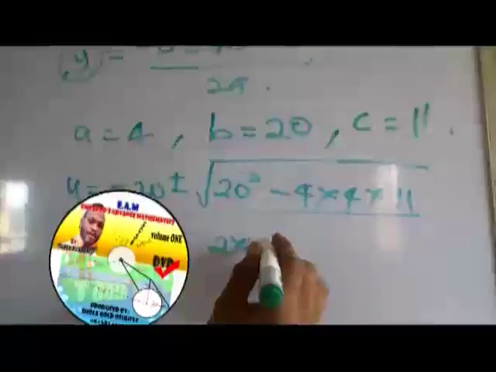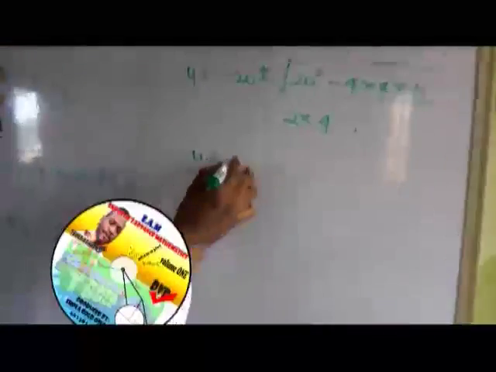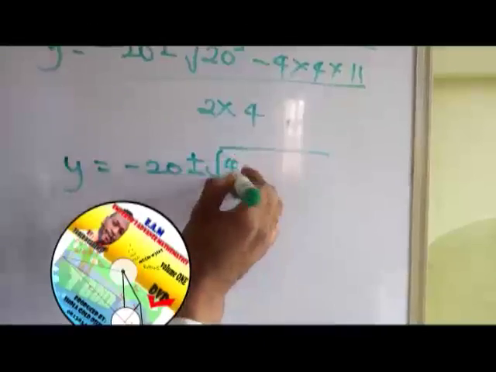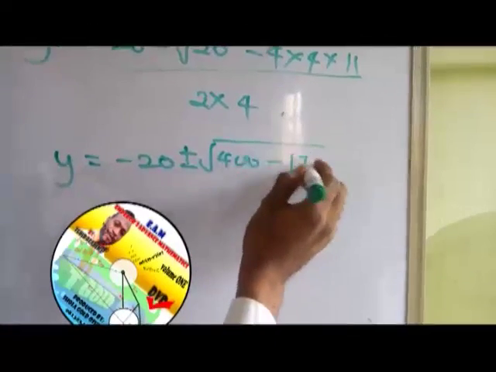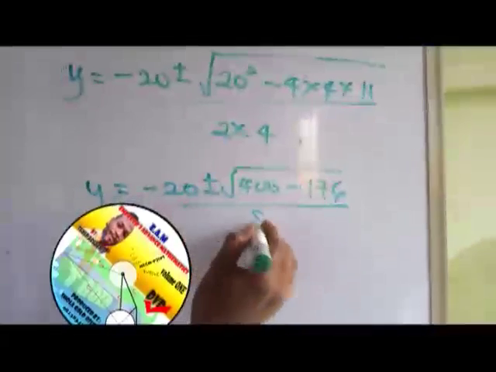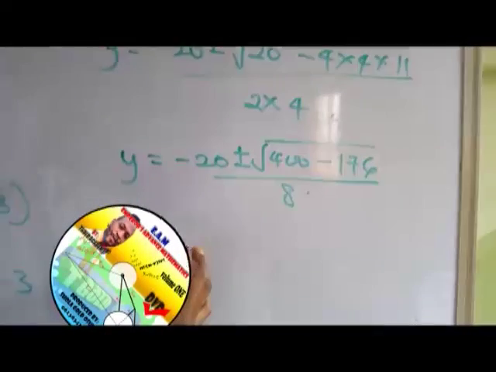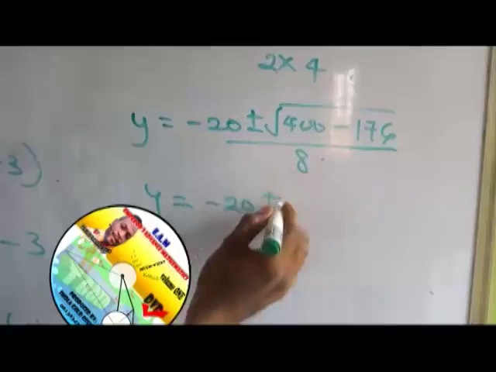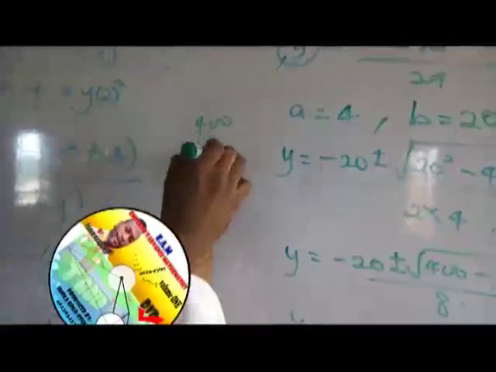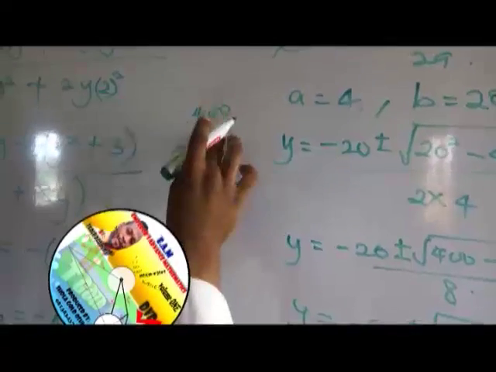So we're going to have y equal to minus 20 plus or minus square root of 400 minus 176, which is the product of all this, over 8.